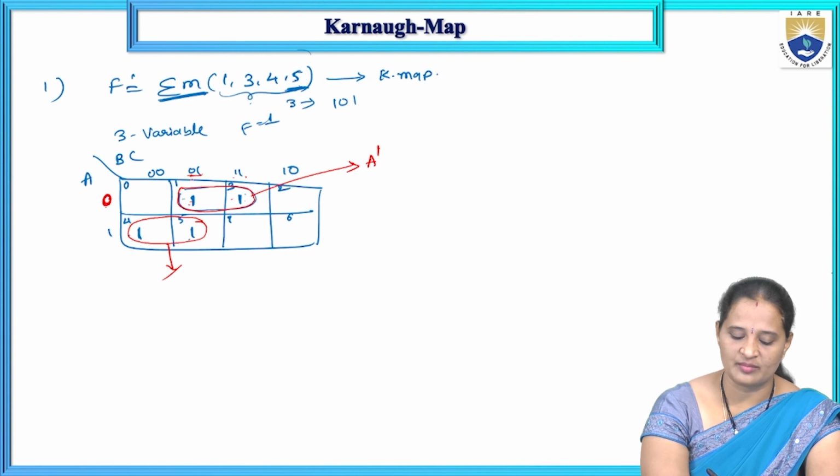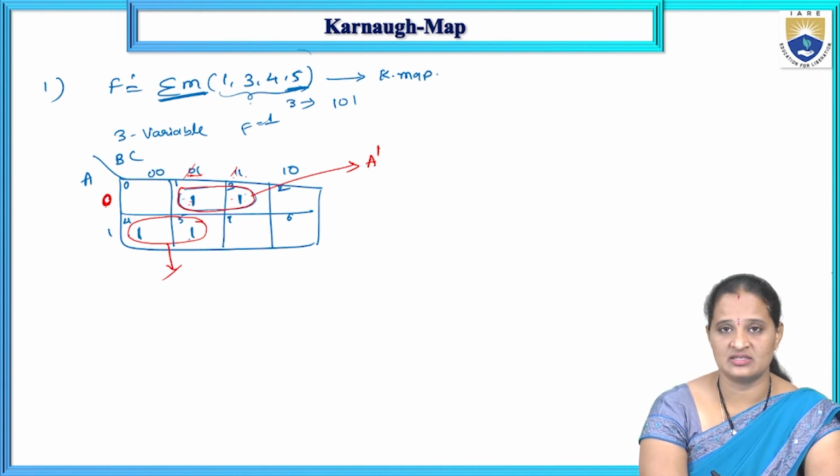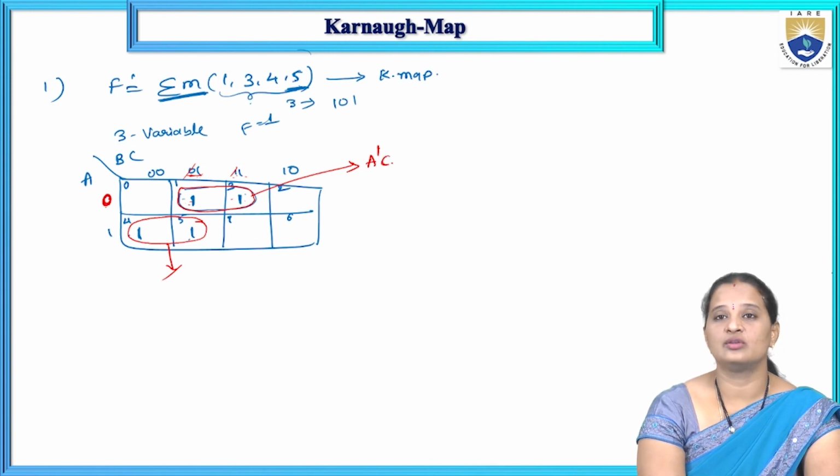In these 2 variables, b value is varying. Here it is 0, here it is 1. So b is not common. So eliminate b and consider the common variables. As c value is common for both the cells, just consider c. And as c value is equal to 1, take it in the true form and form a product term because it is SOP.